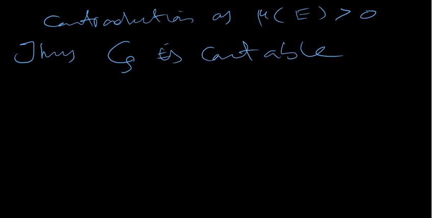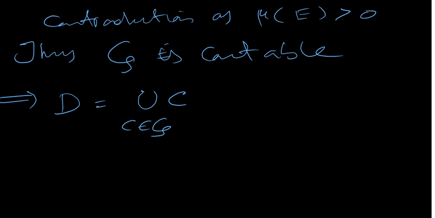So the union of members of this cursive C, where each member belongs to sigma, is a countable union because cursive C is countable, so this also belongs to sigma. Here I am using the property that cursive C is countable, because you are taking the union over a countable set. Because this C is a countable class, like C1, C2, and so on up to infinity, each member is in sigma, so the union is also in sigma.